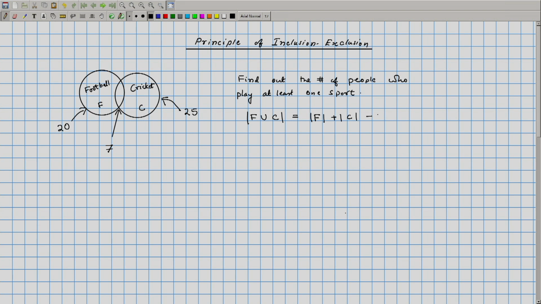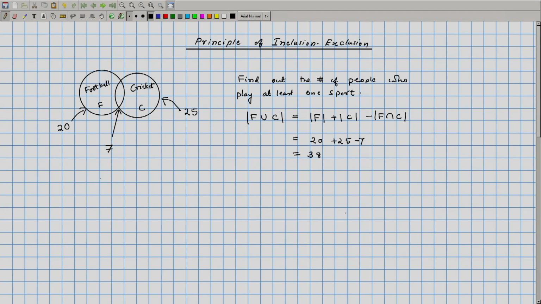So, we need to subtract that number, F intersection C. Therefore, we will get 20 plus 25 minus 7, and that is going to be 38.